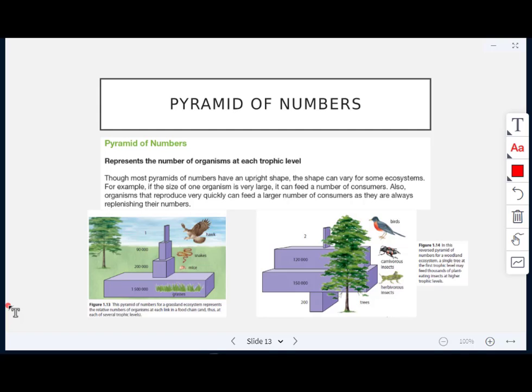If we look at this example here on the right, it's a reversed pyramid of numbers. It's a woodland ecosystem, so a single tree, which is at the first trophic level, may be feeding thousands of plant-eating insects at higher trophic levels. So that's why we see this reversed pyramid of numbers.